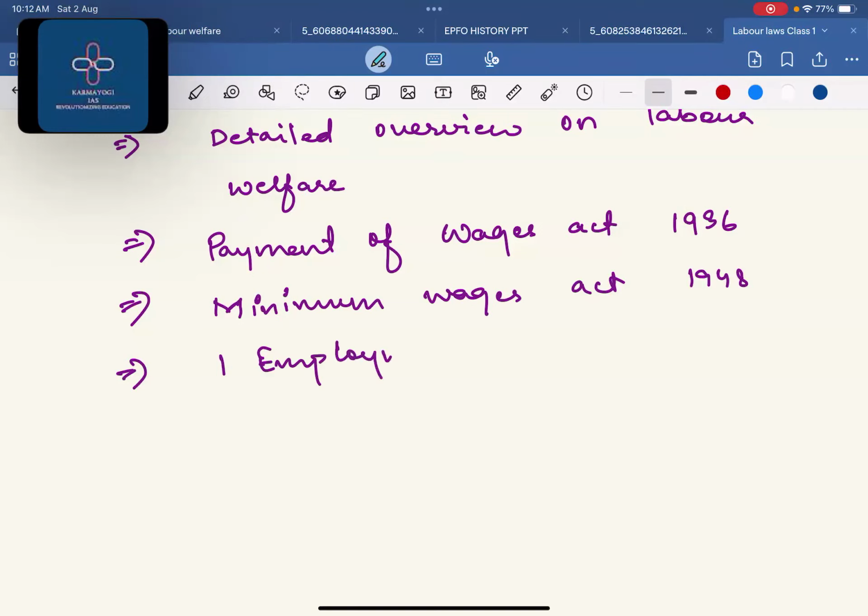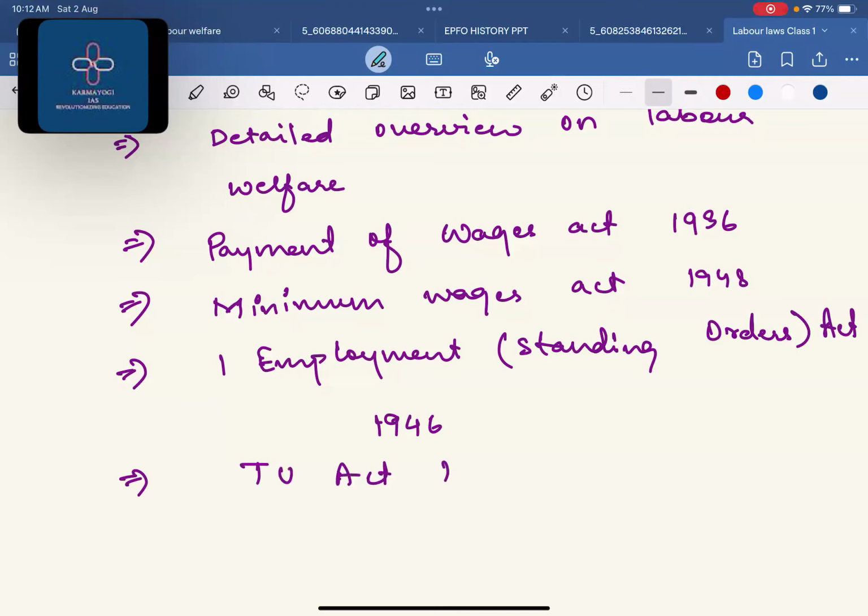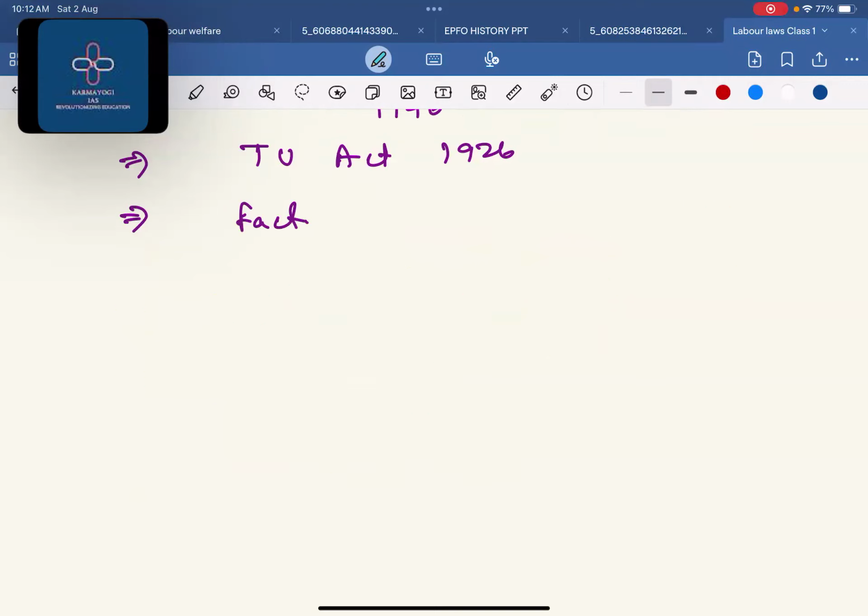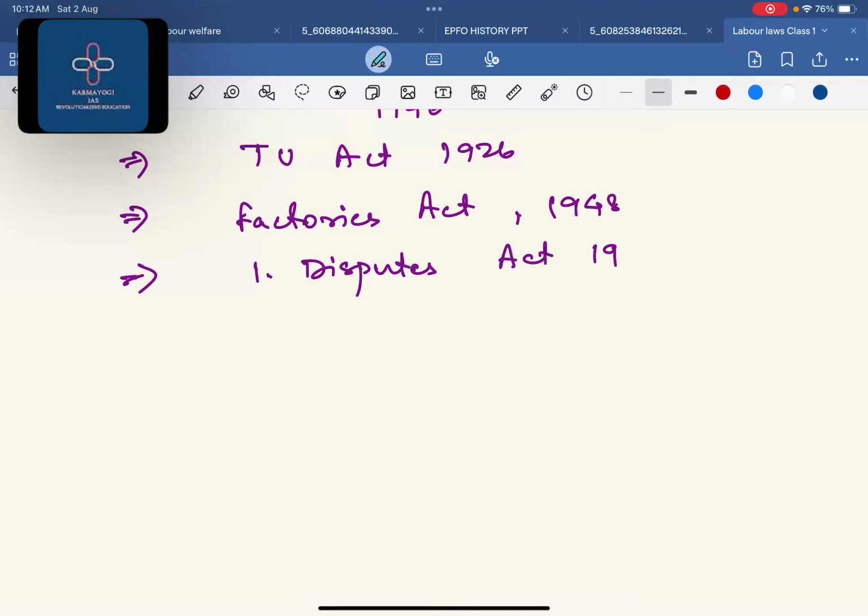Then comes the Trade Union Act 1926. Then we will move to the Factories Act 1948. Then Industrial Disputes Act 1947. Actually, we are going to discuss each and every act in this class.